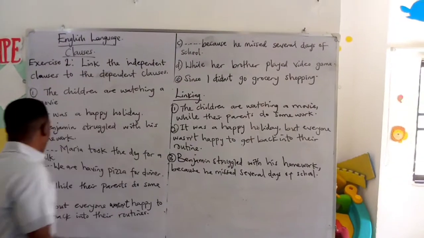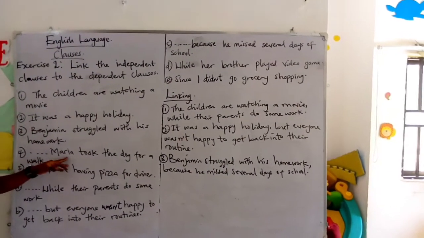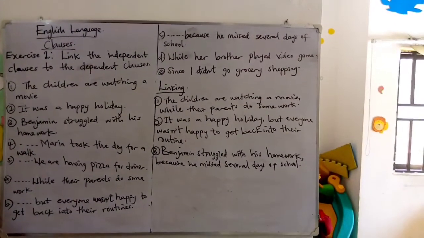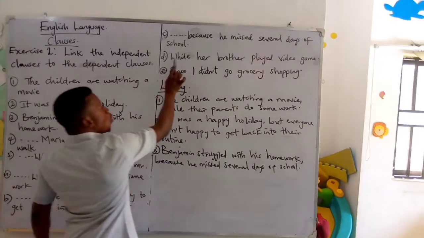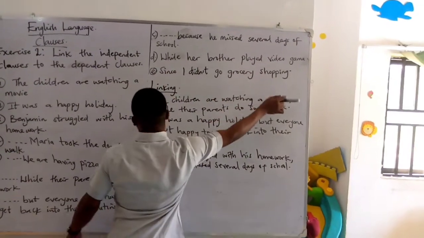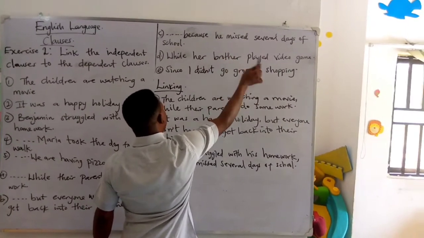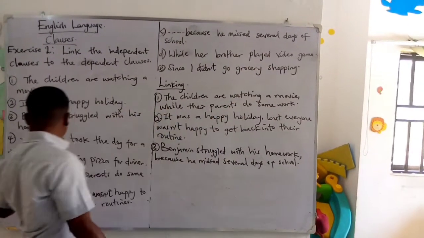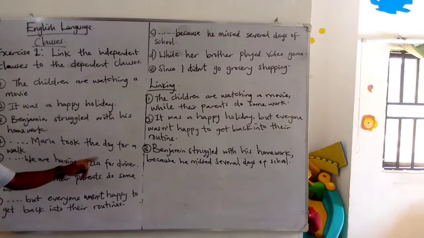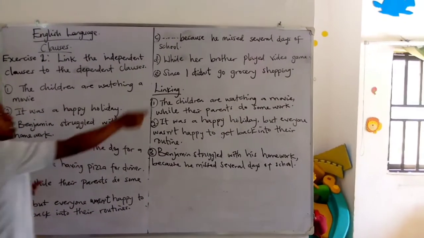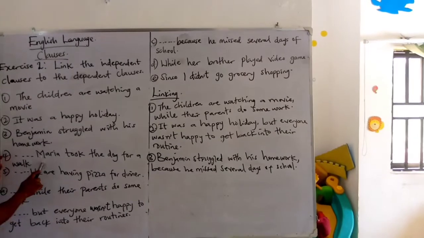Let's take the 4th one. Maria took the dog for a walk. While her brother played video game, Maria took the dog for a walk. So this will come first before this.